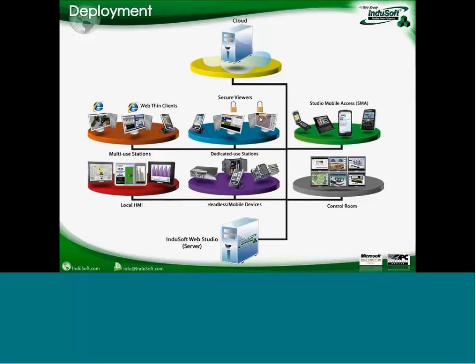We support three types of thin clients. We have what we call the web thin clients, the secure viewer thin clients, and the SMA, Studio Mobile Access, thin clients. In the web thin clients, you use Internet Explorer as the web browser, and you have access to all the screens, all the interfaces, online data, and history data, obviously based on username and password.